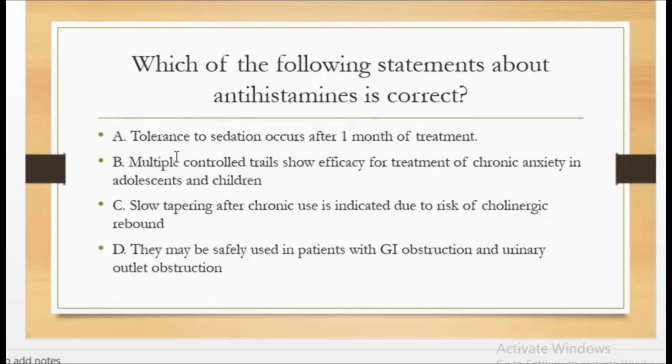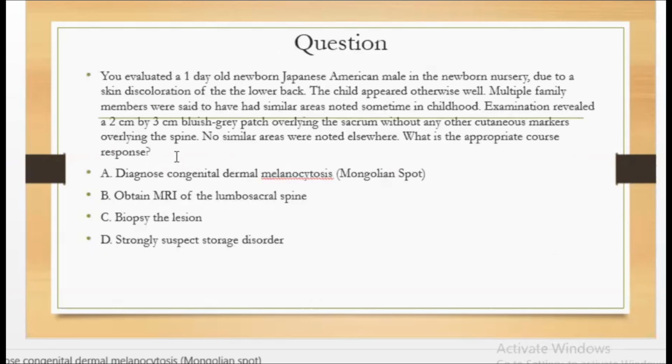So you evaluated a 1-day-old newborn. This is for people taking FNP. Newborn Japanese American male in the newborn nursery, due to a skin discoloration of the lower back. The child appeared otherwise well.